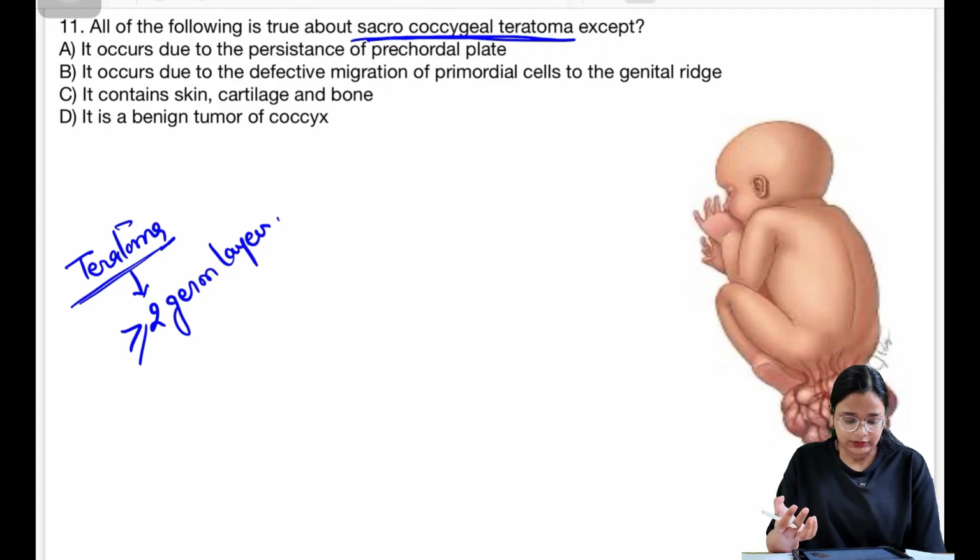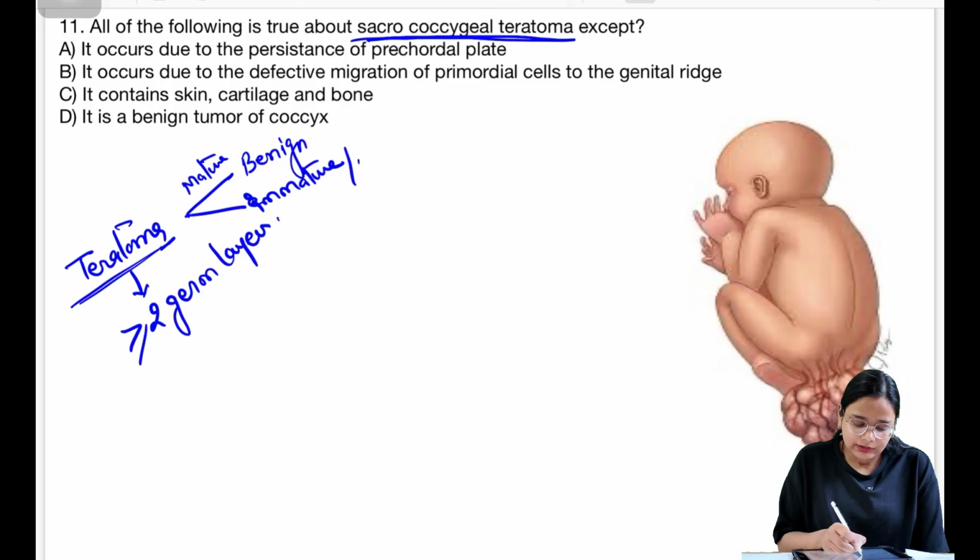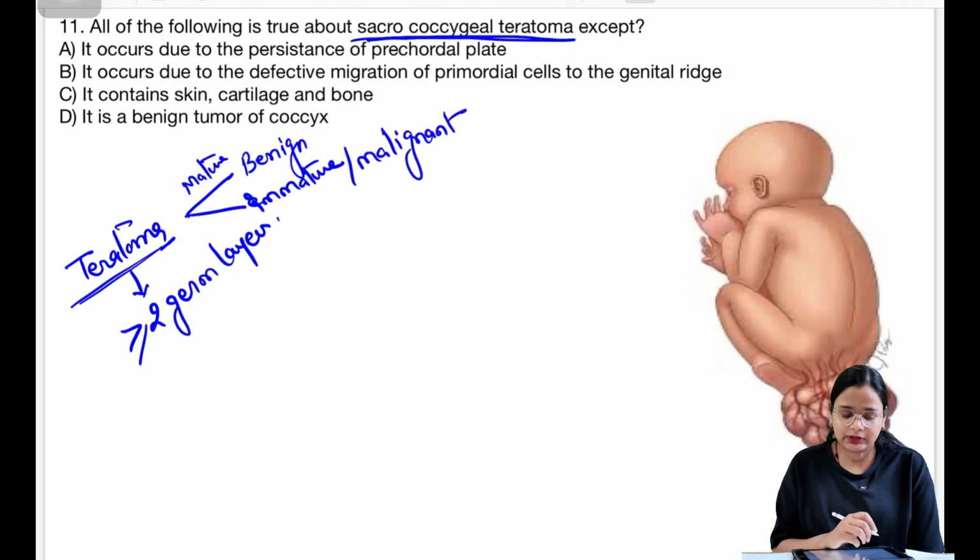They have all those contents. So all mature teratomas are benign, except immature teratomas, meaning a few teratomas are malignant. All those teratomas which are mature are benign, and a few can be immature, which are malignant.